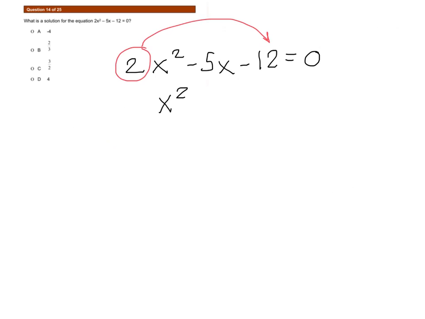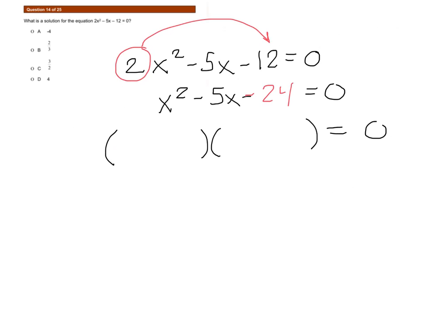And now we get x squared minus 5x minus 24 equals 0. We now factor this, looking for a number that multiplies to negative 24 and adds up to negative 5. And thinking about it, I can see it's going to be a minus 8 and a positive 3. 3 minus 8 is negative 5, and 3 times negative 8 is negative 24.